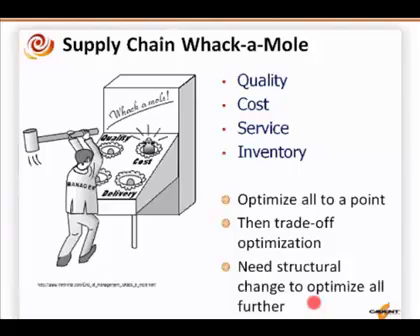But at a certain point, you've taken all the slack out of those performance measures, and now they become interdependent on each other. So then you have to do trade-off optimization. If you want to optimize all of them simultaneously, that would require some structural change to achieve.